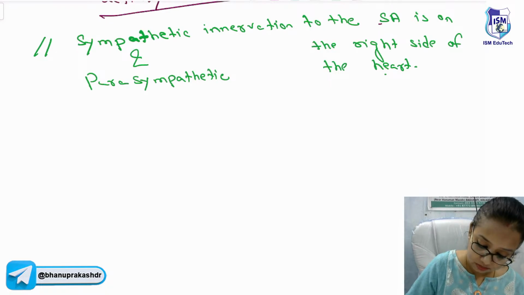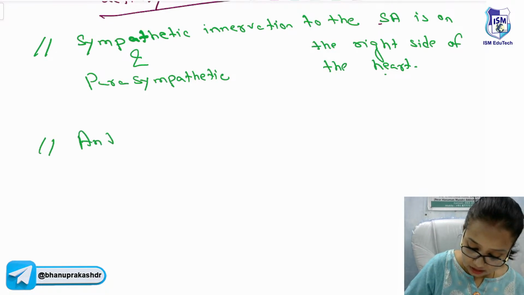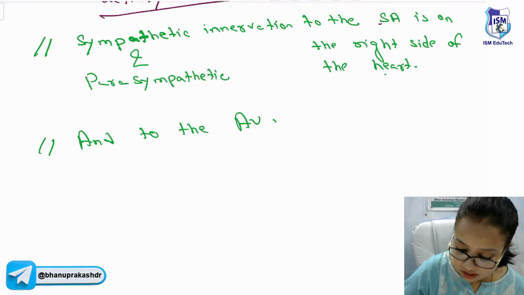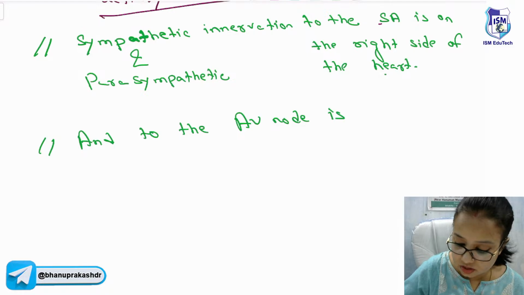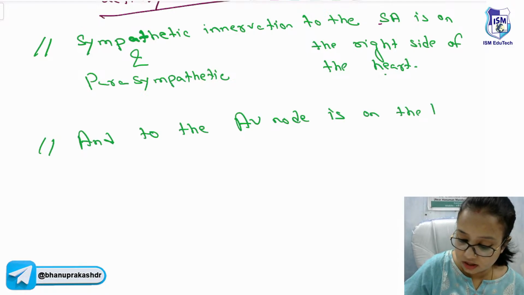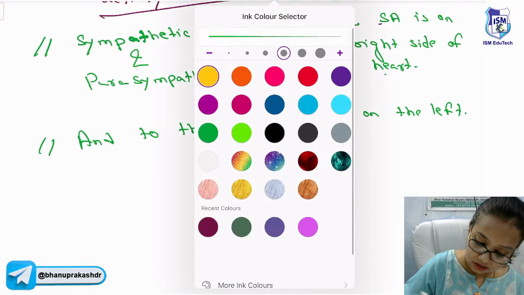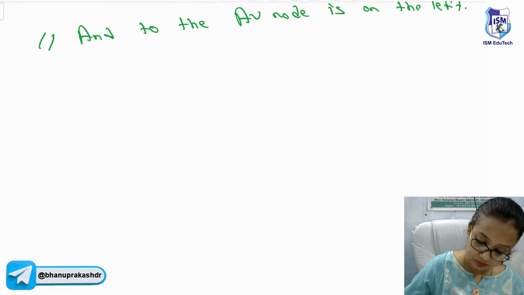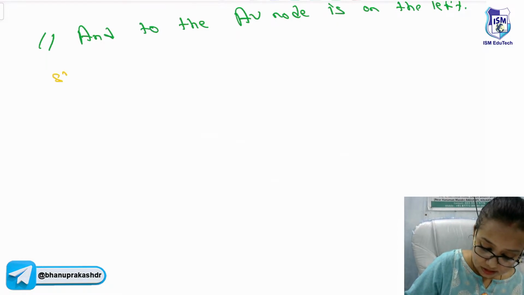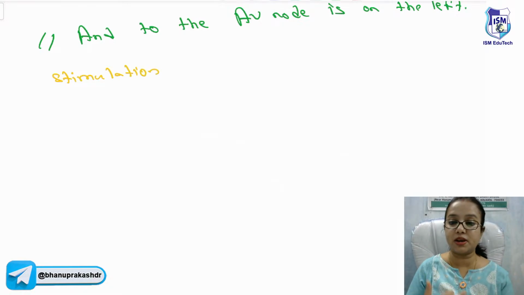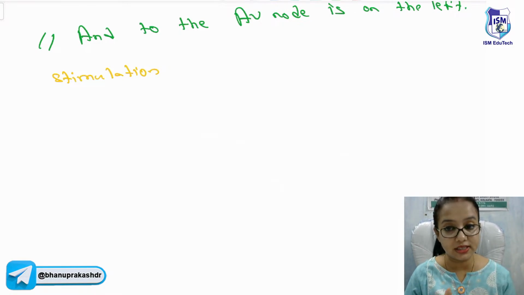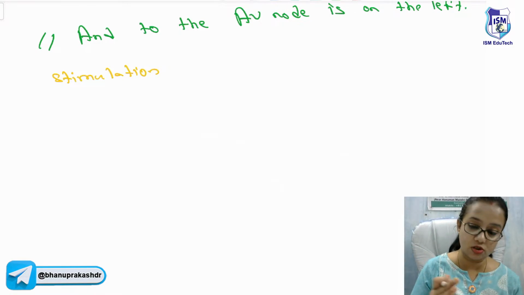Okay. And to the AV node is on the left. Another point that we know is that, since the SA node is a structure present on the right side of the heart, this innervation is also on the right side.